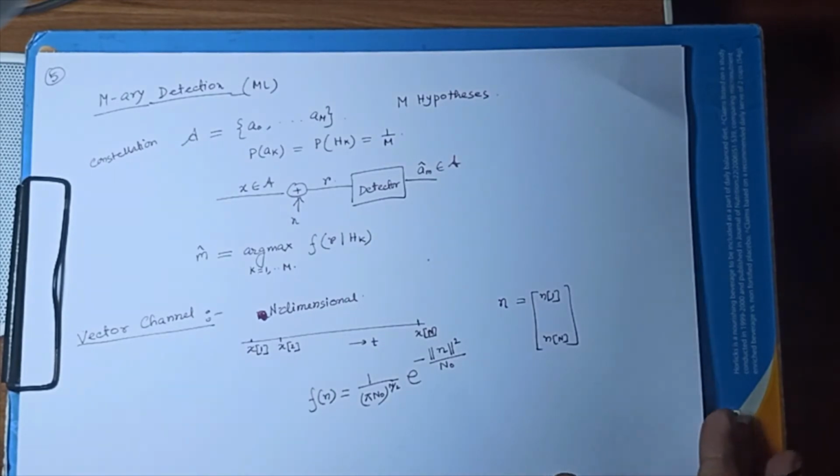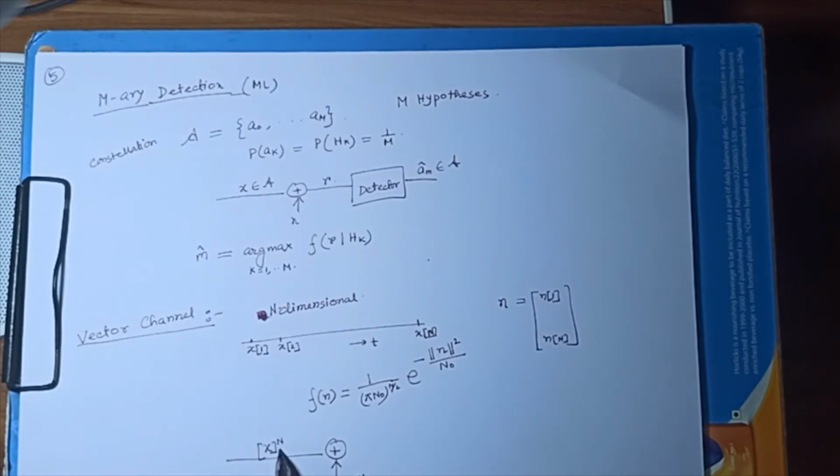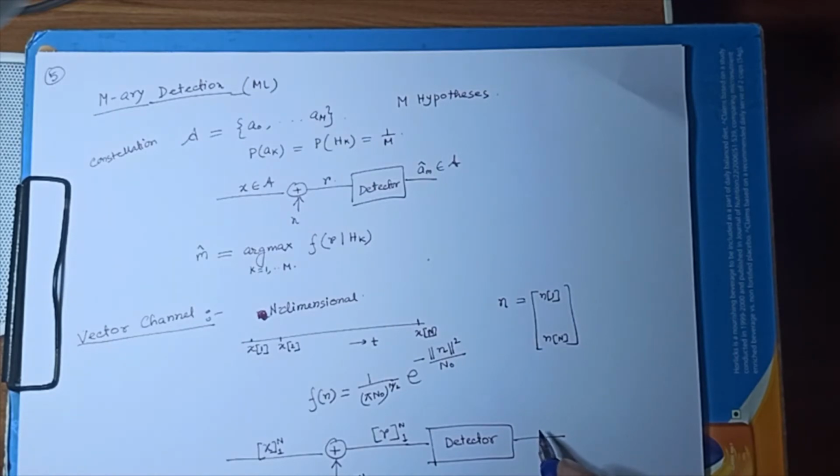So what will be my setup when it is a vector? Your vector x is coming, and your addition is the noise, which is also N-dimensional, and you are receiving r, which is also N dimensional, and now you are performing detection. What do you want to get? Ultimately you will get one index. How many different possible x vectors of N dimensions are there?